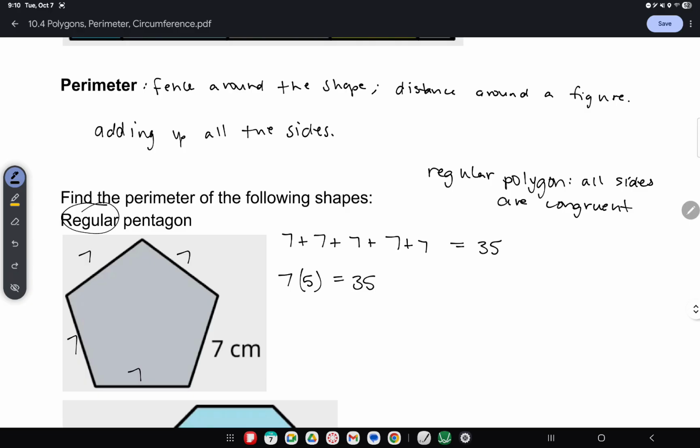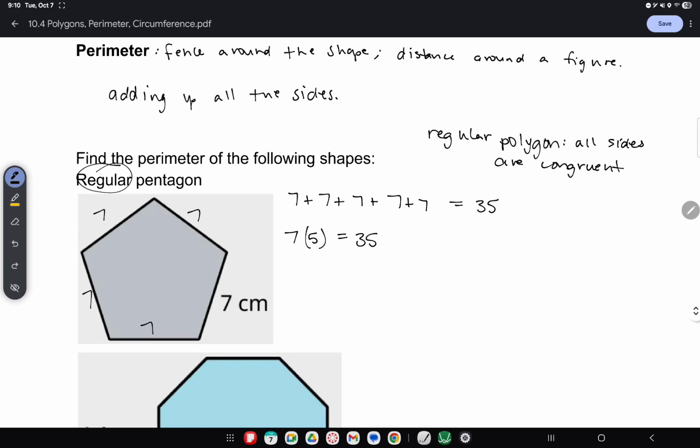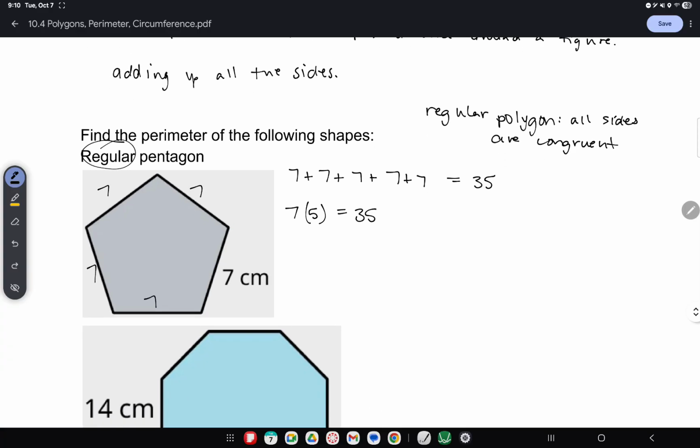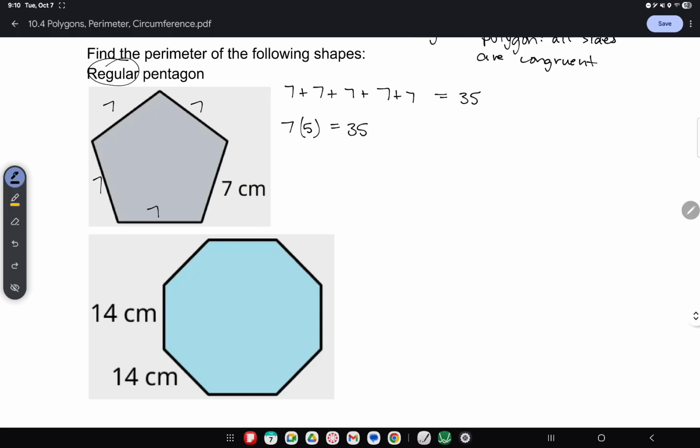Okay? So either way, it works nice when they're regular figures because I can just do that multiplication. Because like here, I have 8 sides, and both of these are 14, and that means the rest of them will be 14. So I could add 14 8 times.